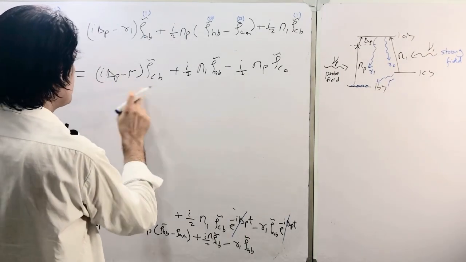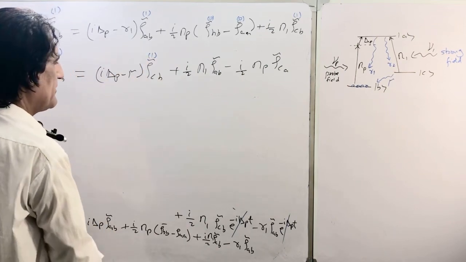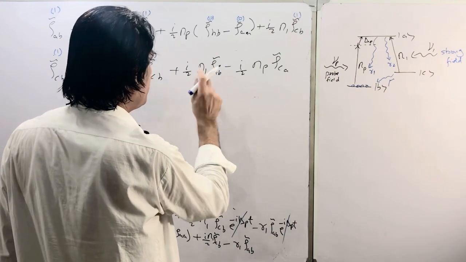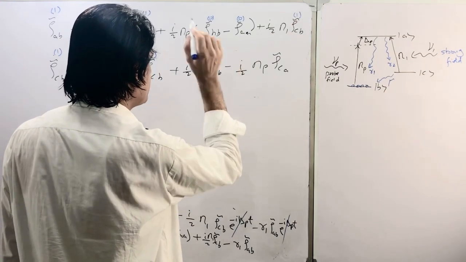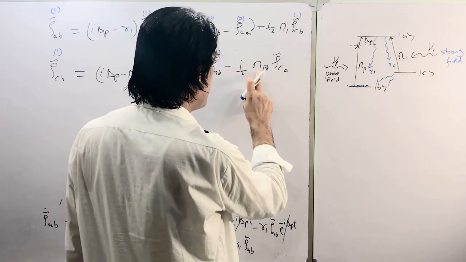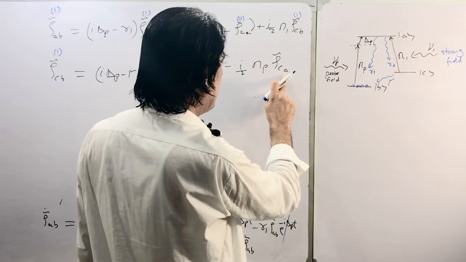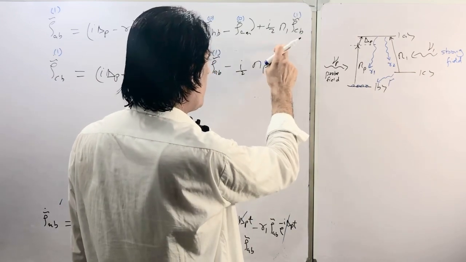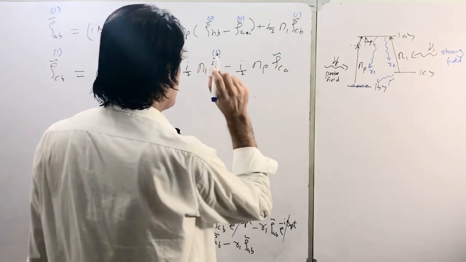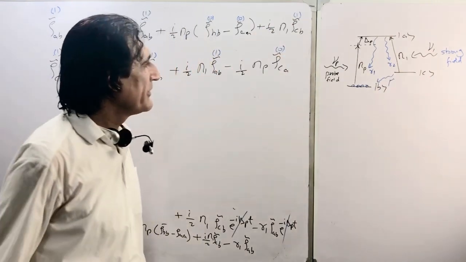There is no control or probe field, so we can consider this in the first order. This is a control field, we can consider this in the first order. Here, once again, this is omega p, and this is rho Ca. If I consider this in 1, this will go to the second order, so we must restrict this as well in the zeroth order.